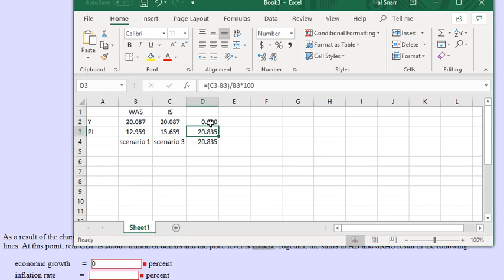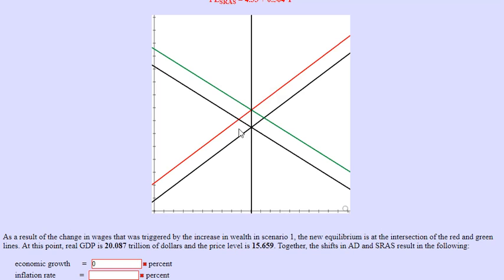We have no economic growth because we went from here to here. We did have this short-run boost because the stock market made us all feel wealthier, but because there was no action taken by the Fed or Congress or the President, we ended up with a short-run aggregate supply curve back here, which resulted in inflation.